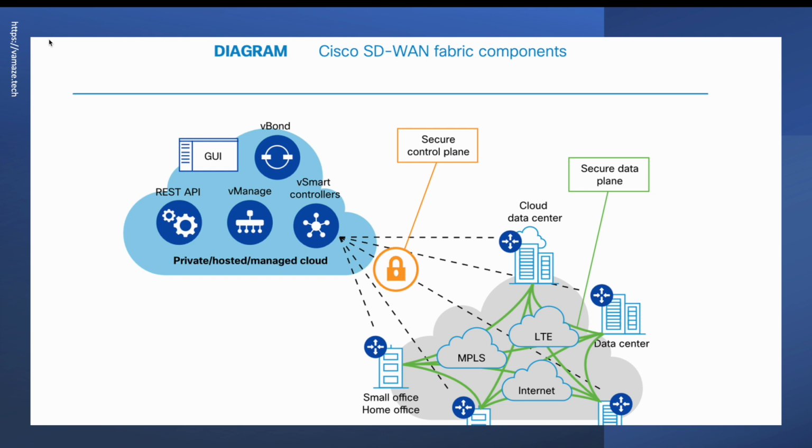In addition, a control channel is established between the WAN edge routers and each of the control elements. Through this control channel, each component receives configuration, provisioning, and routing information. Note that no data plane traffic is forwarded to the control infrastructure.